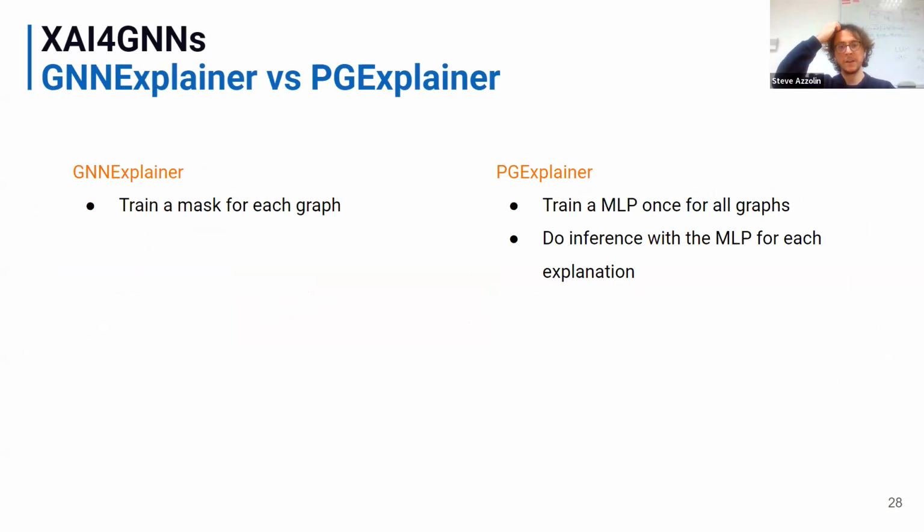So to summarize the main differences between the two algorithms, while GNN explainer trains an edge mask for each graph, PG explainer trains an MLP once over all training graphs, and then at inference time it simply does inference with the learned multi-layer perceptron for each explanation.